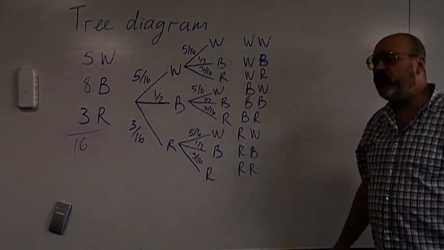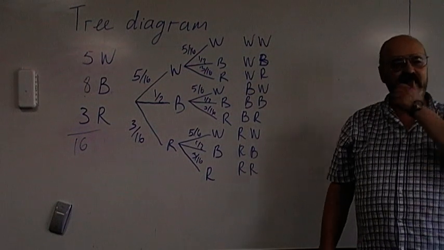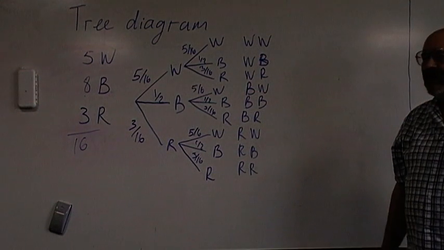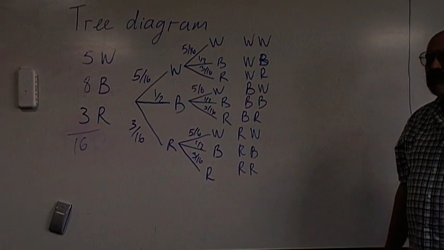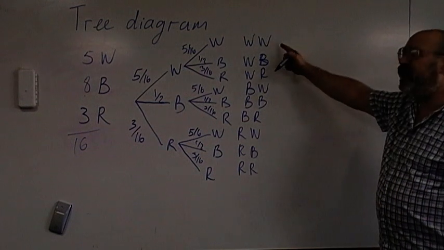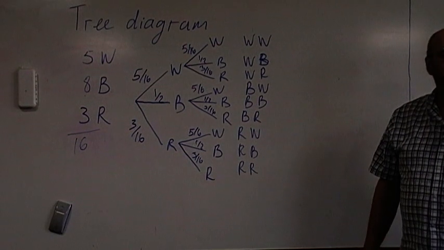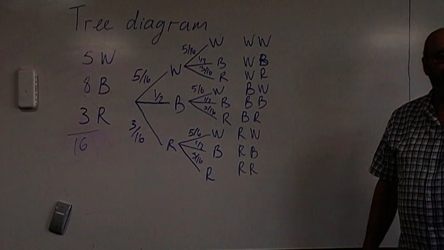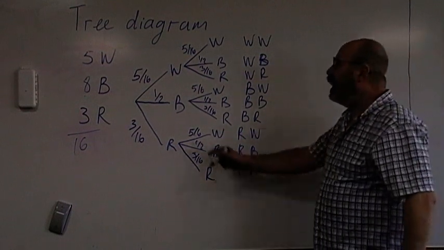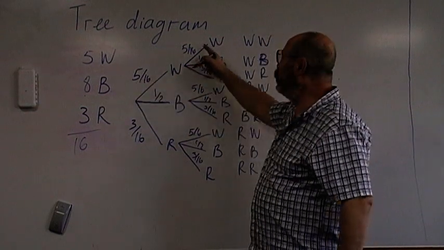But what will be the probability of getting 2 white socks? Any ideas? There are 9 sets, so we need to multiply those probabilities.